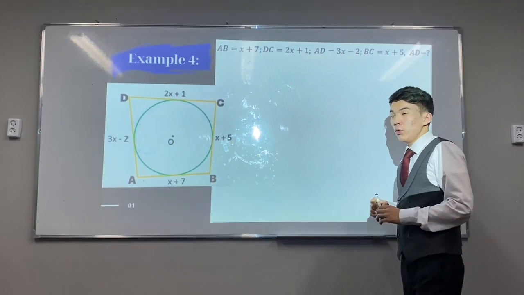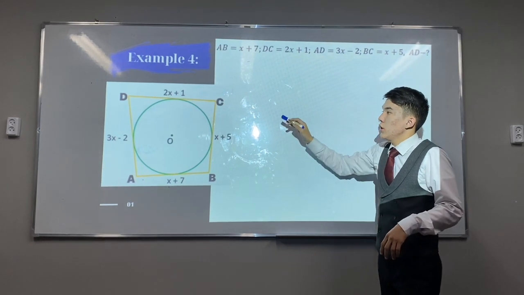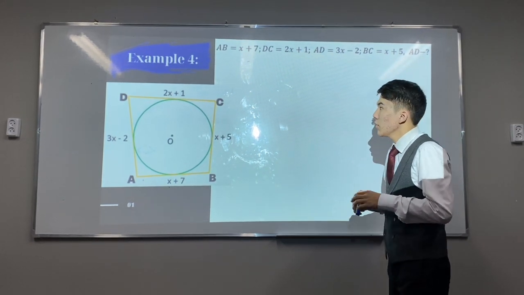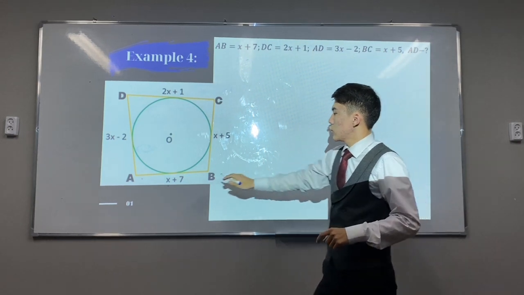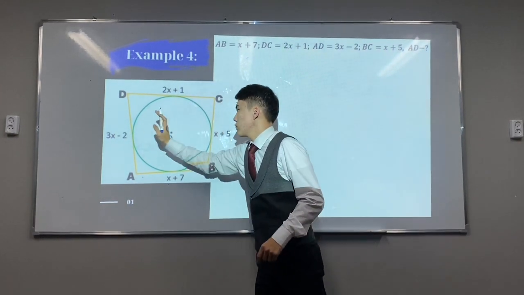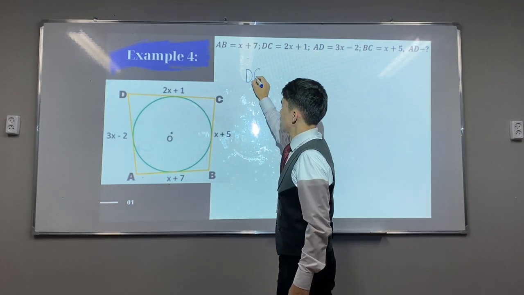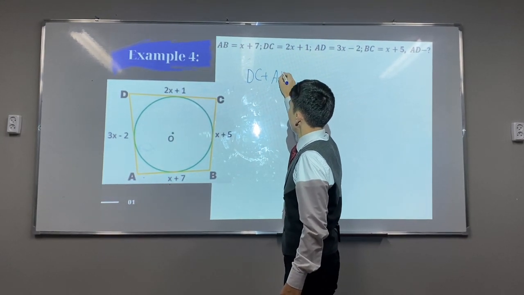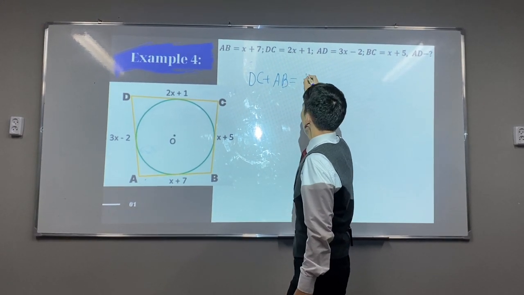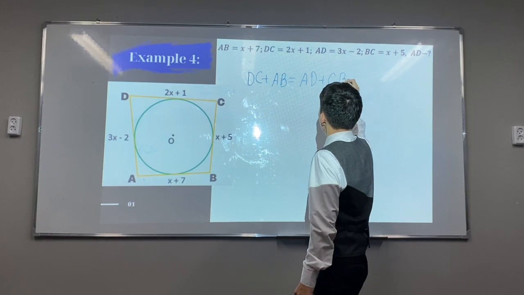First of all, we have to find x, and we use our second theorem. The sum of these two lengths equals the sum of these two lengths, so we can write DC plus AB equals AD plus CB.